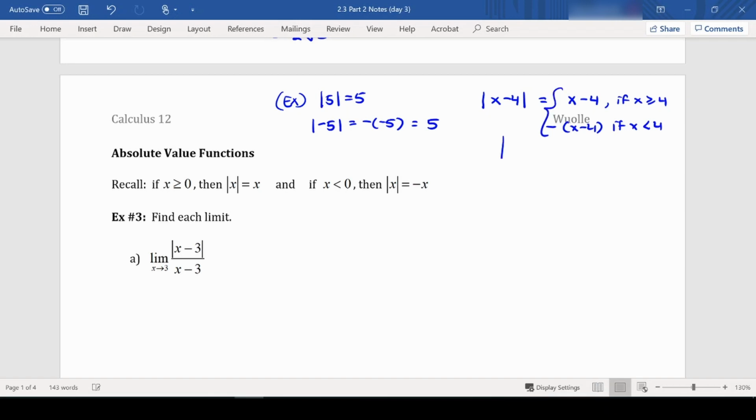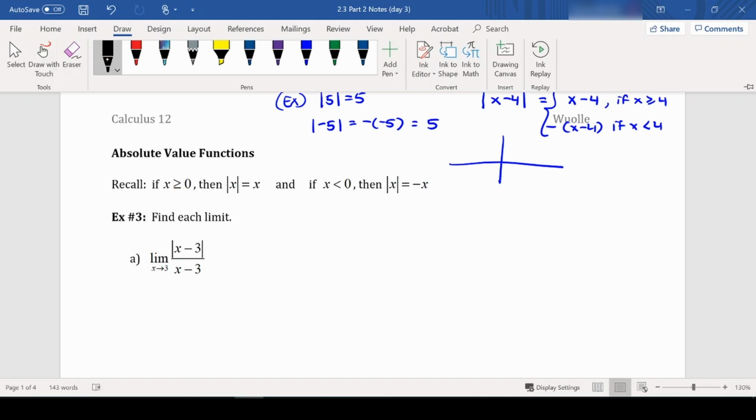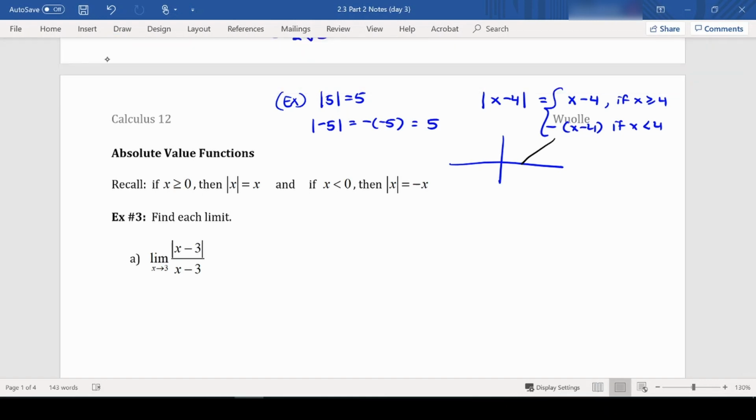So if I remember what this looks like as a graph, x minus 4 looks something like this, right? And so this here would be the x minus 4 portion, and this here is the negative x minus 4 portion. And this value here where it switches direction is at an x value of 4. We reviewed this in our review chapter.